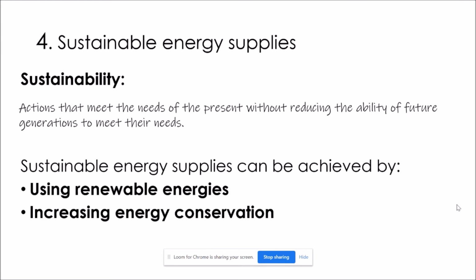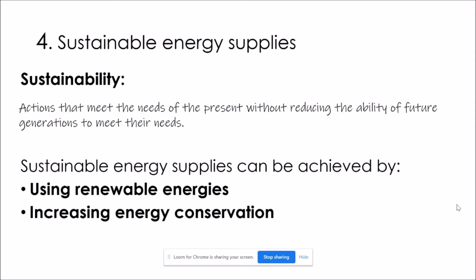But what that's also ensuring is that we're not emitting lots of CO2 into the atmosphere. We're not using up a resource that's going to run out like coal. So we're ensuring that the generations that follow us are going to be able to do the same thing and meet their own needs with regards to their energy usage.